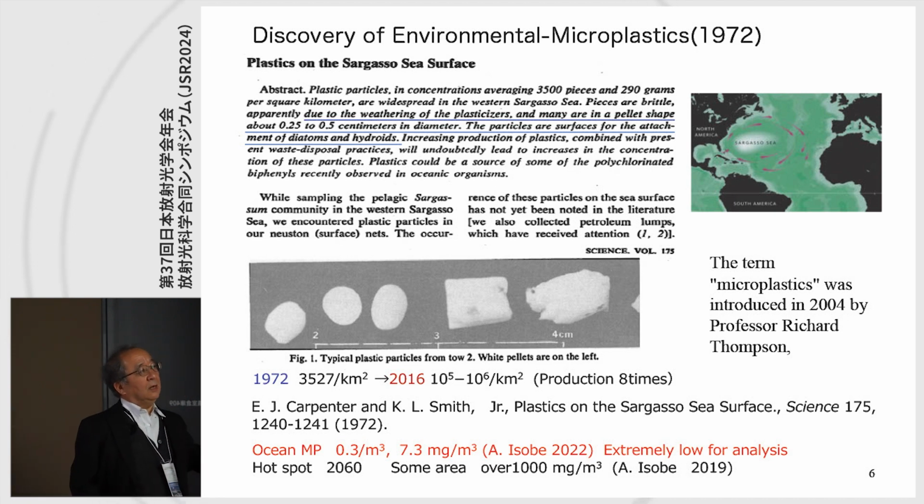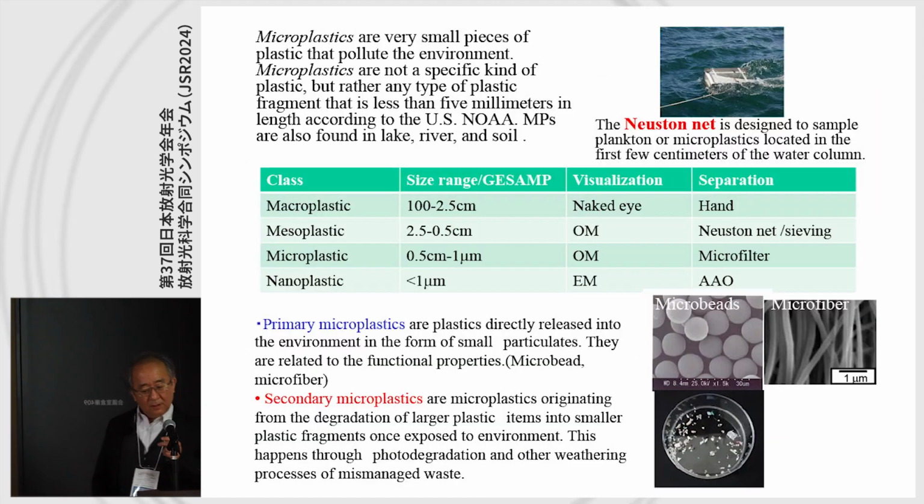This indicates that we have to reduce the amount of environmental plastics, and this simulation was done in order to change our lifestyle and reduce the amount of environmental plastics.